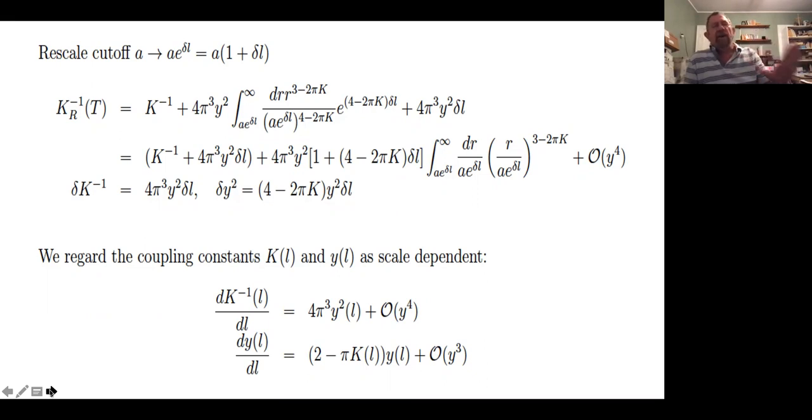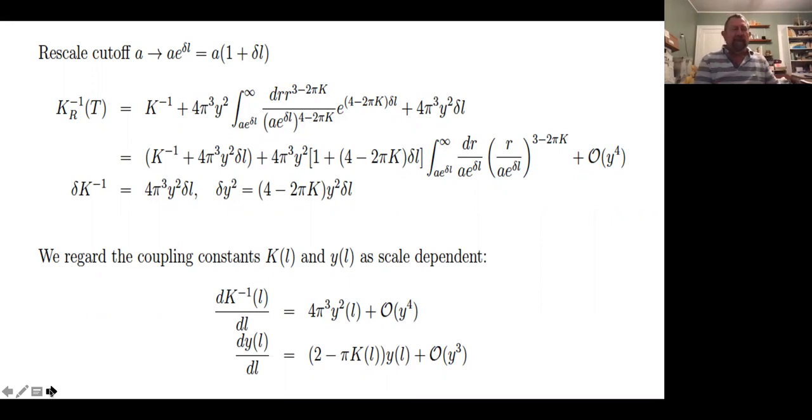It's not hard, but it's a lot of tedious algebra. This was done in the original paper by David Nelson and myself, and it does work out. So you'll have to take my word for it.